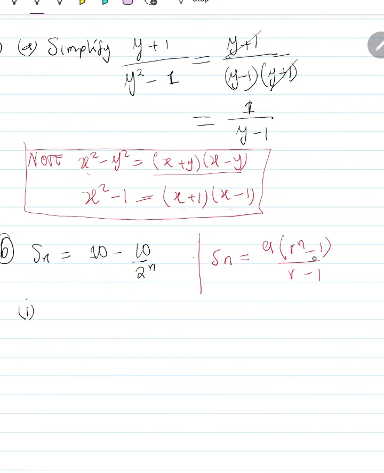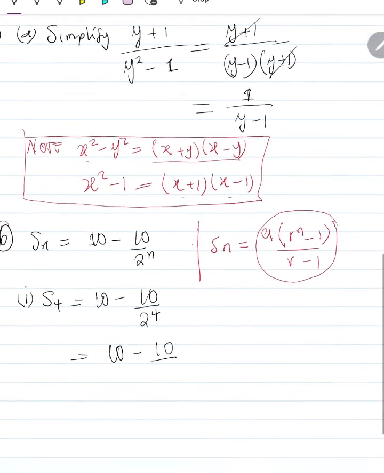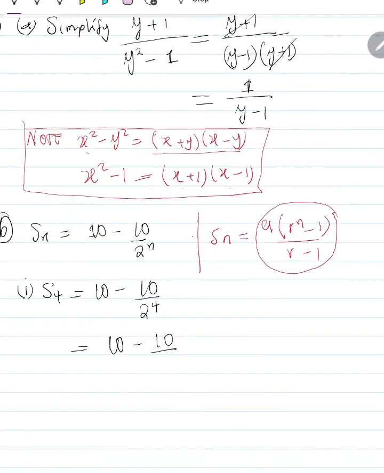So after simplifying this formula, you remain with 10 minus 10 over 2 to the power n. So the sum of the first 4 terms will be S4, which is 10 minus 10 divided by 2 to the power 4. So 2 to the power 4 should be 16.